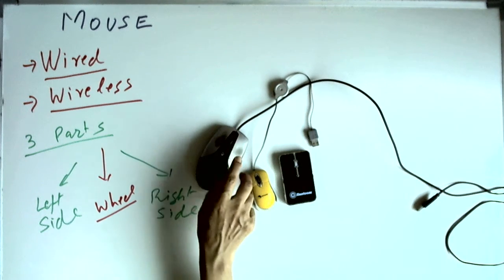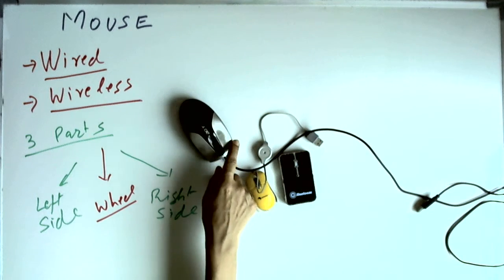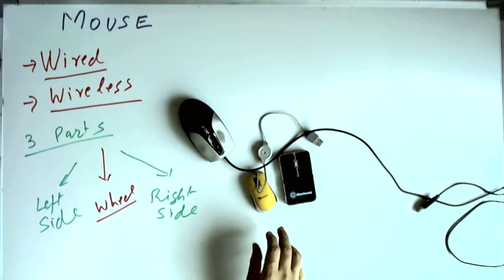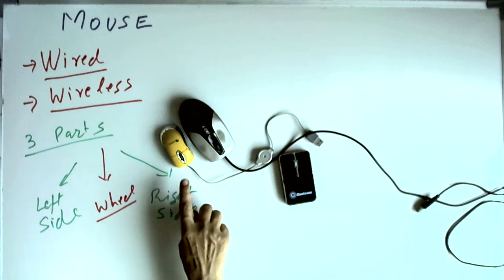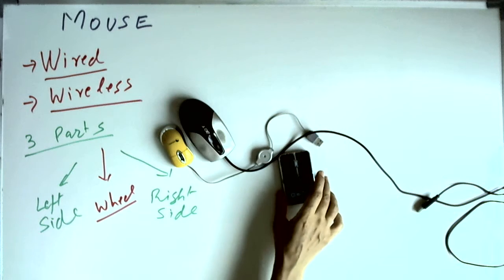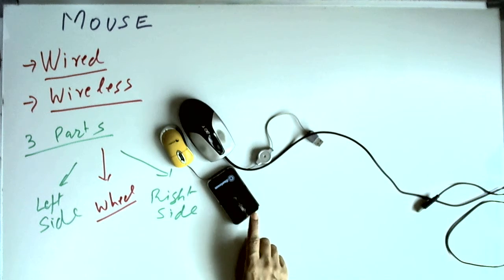Here you can see this is different, and then if I rotate it, you can see this part, and then the wheel in between. So this also has something similar. There is a cut here, and there is one part this, and this one. Similarly, this mouse also has three parts. This part, and then there is a middle wheel.